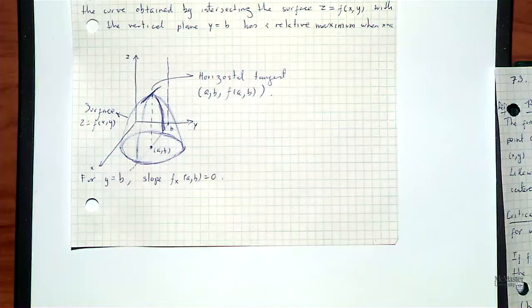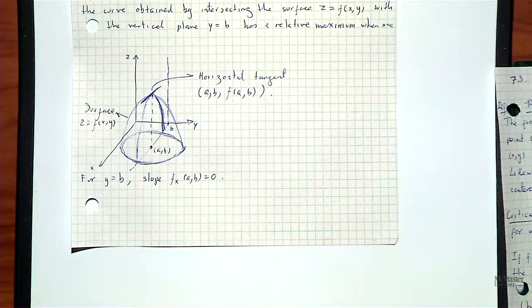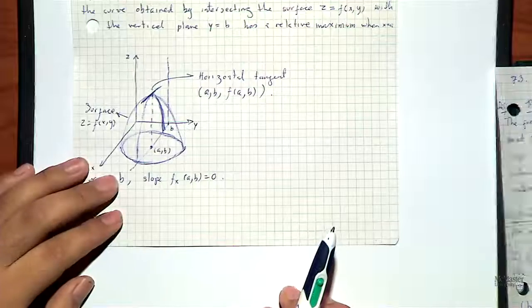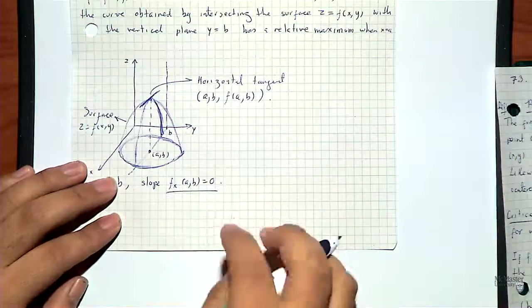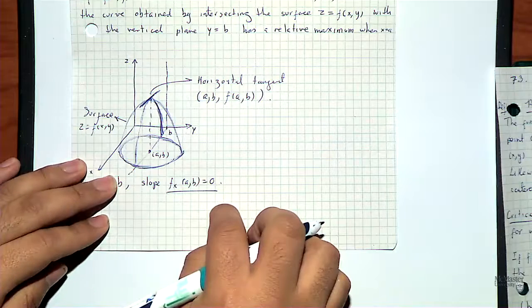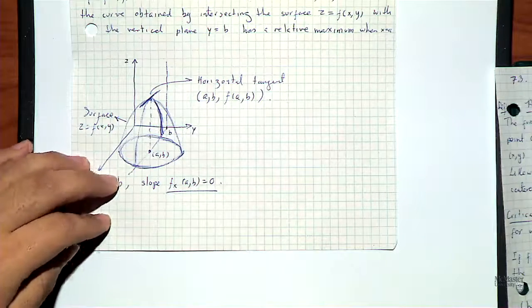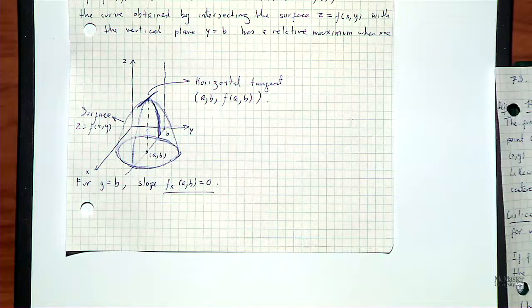So, what this way of teaching is trying to do is to relate the 2D case to the 1D case, and using the things that you know for the 1D case, conclude that the slope has to be horizontal. So, you can see why the critical points related to the partial derivatives will be related to the relative maximum. We're decomposing the problem from 2D to 2 problems in 1D.